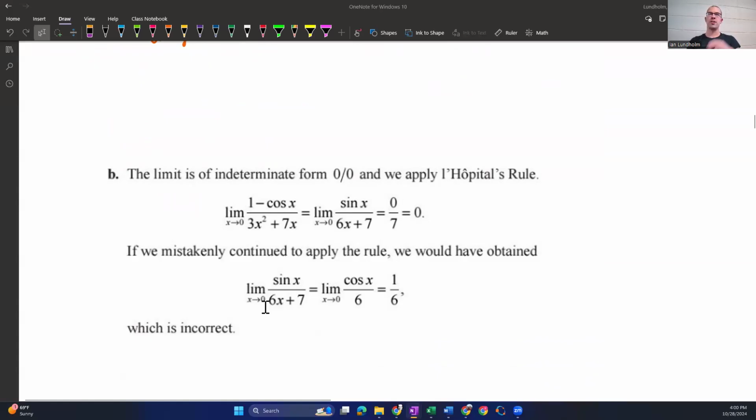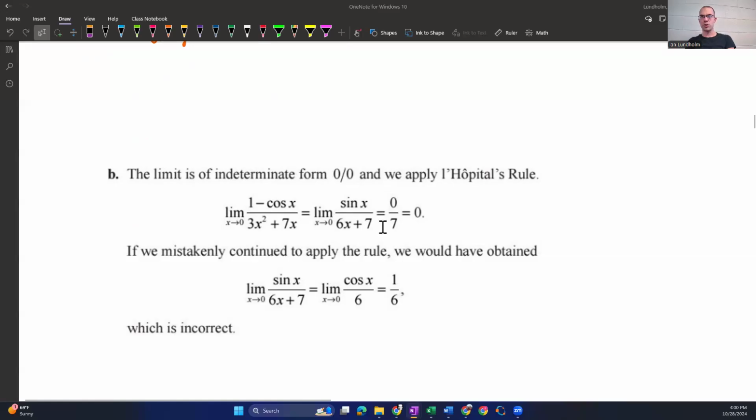But if you tried to apply L'Hopital's rule to this part, you would get cosine over 6, which when you plug in 0, cosine of 0 becomes 1, and you would get the answer of 1/6, which is incorrect. So does this mean L'Hopital's rule is not reliable? Well, no, this is going to be fine. We just can't do L'Hopital's rule more times than we need to.